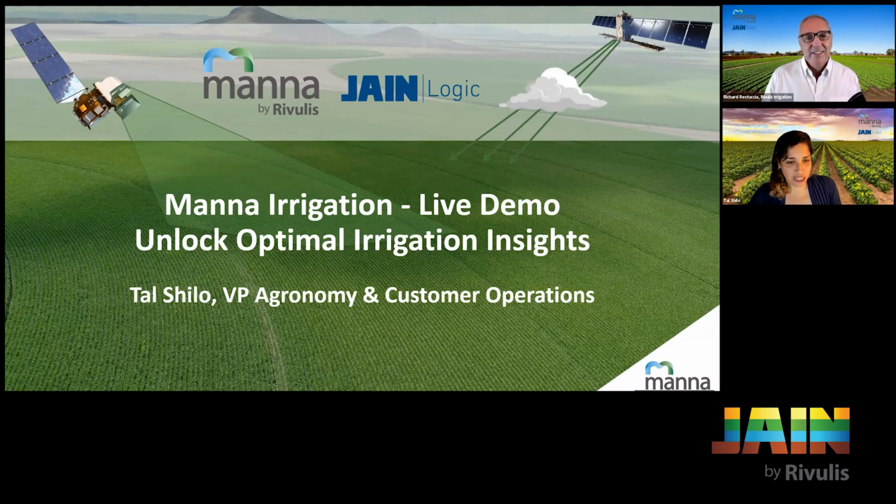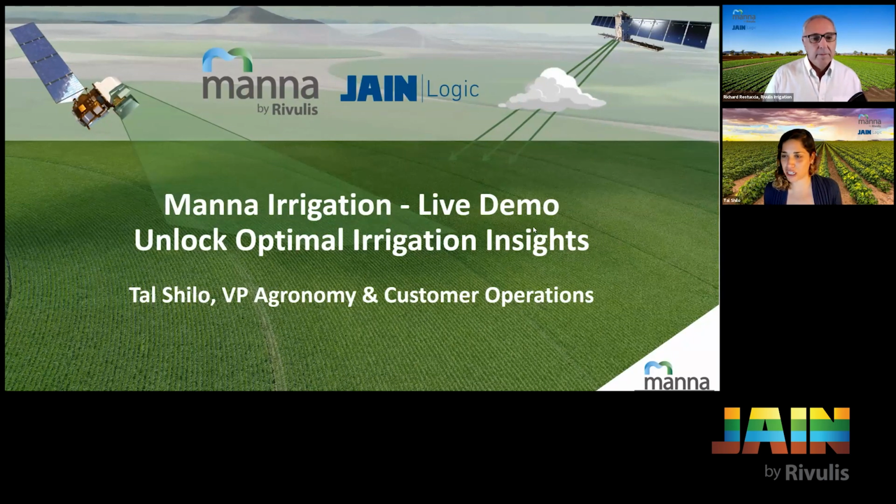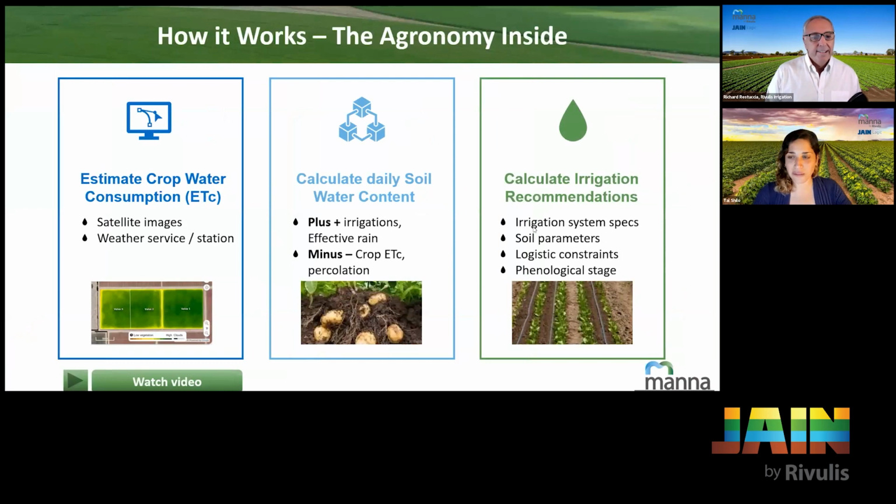Before I dive into the demo and show you actually the platform, I did want to briefly review just how Manna works and give you a little bit of background on how our models are working. So let me switch the slide.